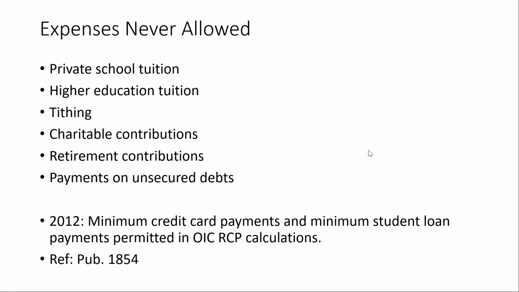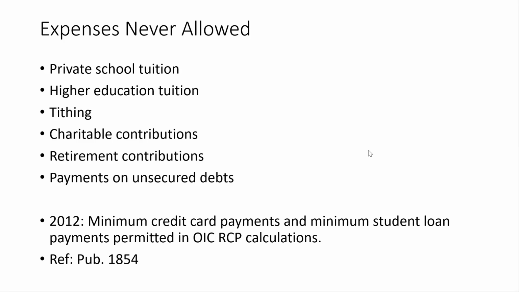So, for example, private school tuition. In general, the IRS does not care if parents insist on their child going to a religious school or to a private school. The IRS's stance is, well, we all pay taxes, and that funds a perfectly fine public education system, so it's there. Therefore, private school, not an issue.